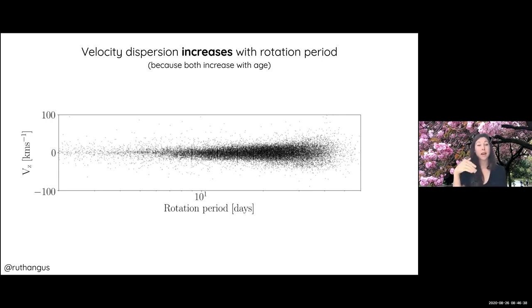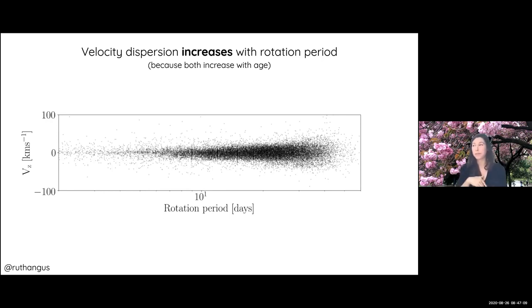So to calculate a kinematic age, you typically calculate a velocity dispersion, which means you need a population of stars. And then you take the standard deviation of the velocities of the stars in that population to get a kinematic age. You convert velocity dispersion to age via an age-velocity dispersion relation, and then voila, you have kinematic ages. And so one reason you might think about doing it this way is because stars with similar rotation periods should in general have similar ages.